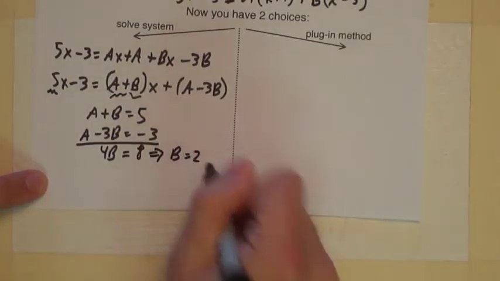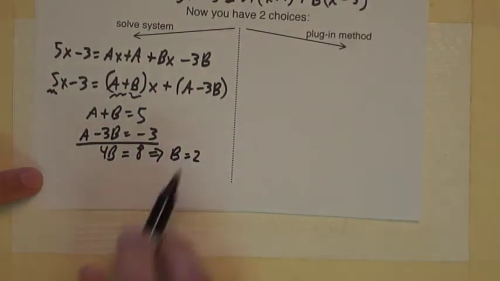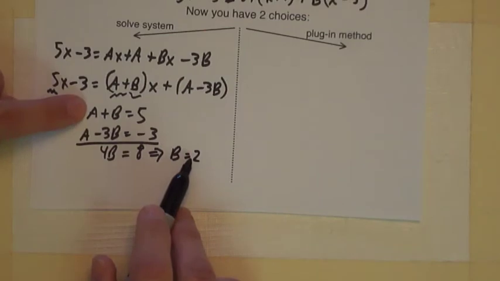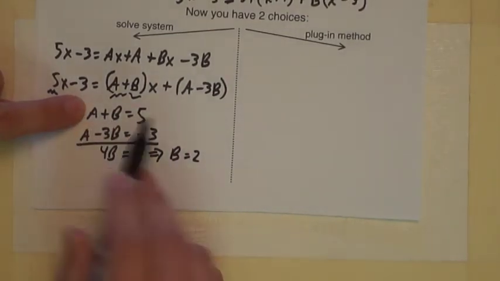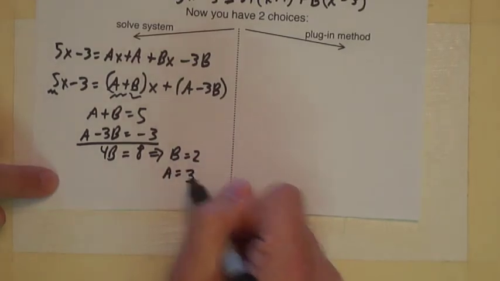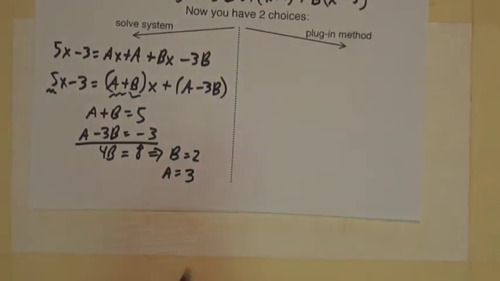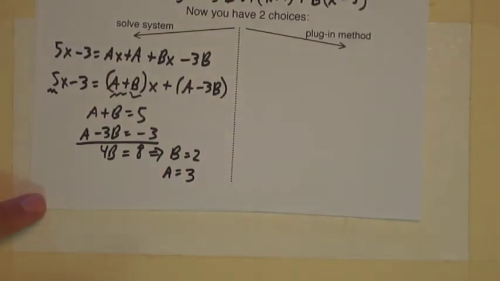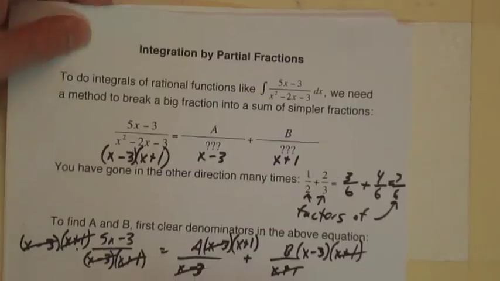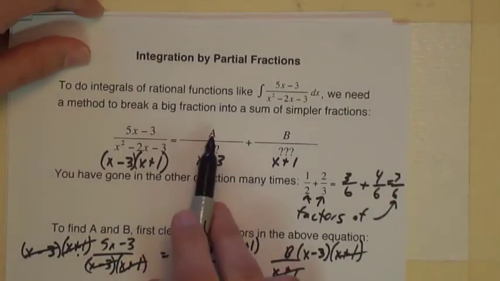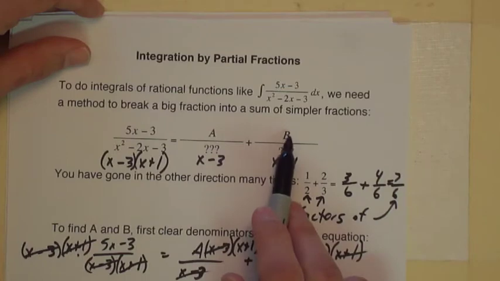So we get b equals 2, which we can then plug back into the first one to get a plus 2 equals 5. So we can do that mentally, that a equals 3. And we've got it. b equals 2 and a equals 3 are the correct numbers for the original problem up here. So that should be a 3 and that should be a 2.